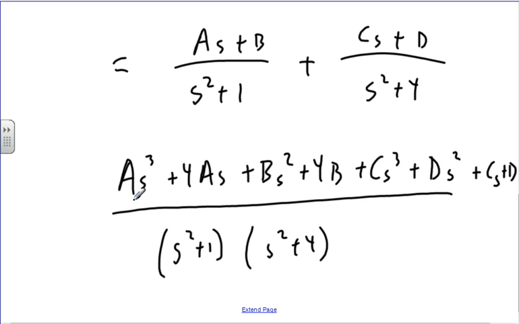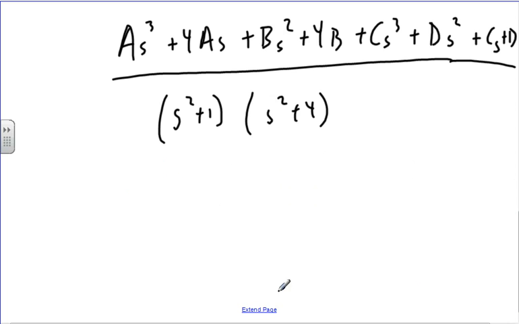Did I do this right? As squared, 4as, bs squared, 4. Yeah, I did. Okay. All right, so I look at that, and this has to be something over s.